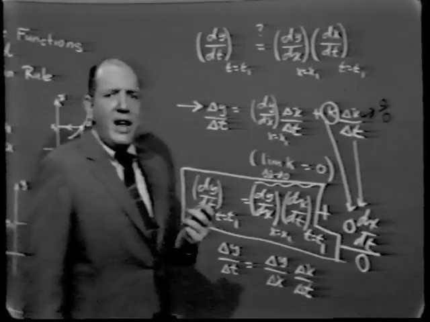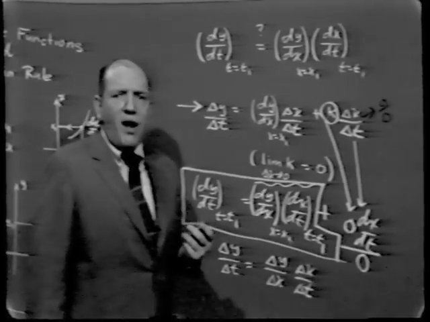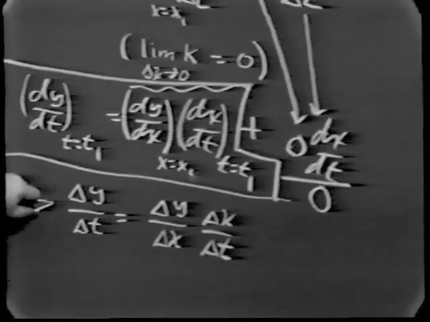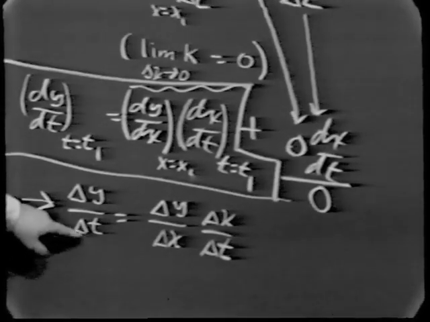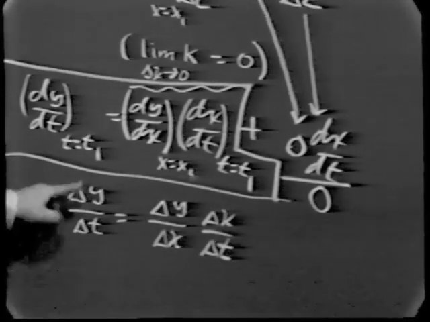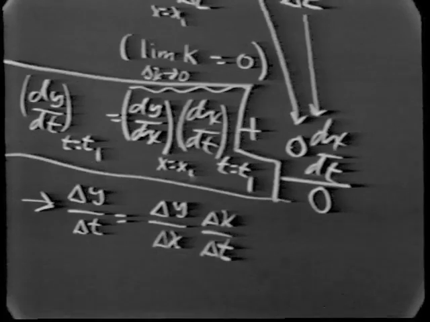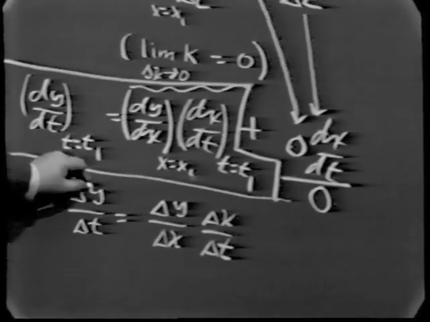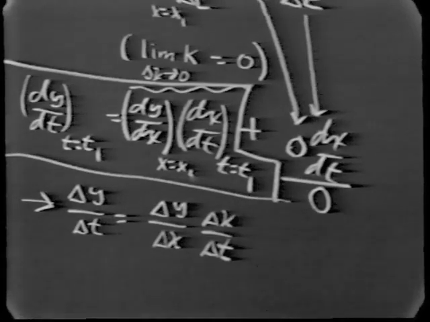By the way, there are easier ways of intuitively trying to remember the chain rule. For example, one way that people often try to visualize the chain rule is this. They'll say, okay, we want dy dt, so let's take delta y divided by delta t, and then we'll take the limit as delta t approaches 0. Now you see, in this notation, delta y and delta t are actually numbers.